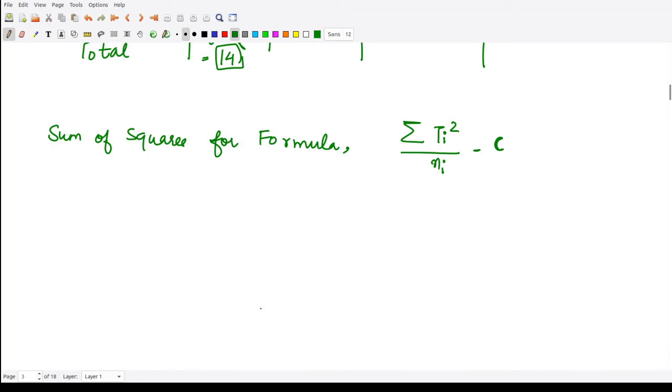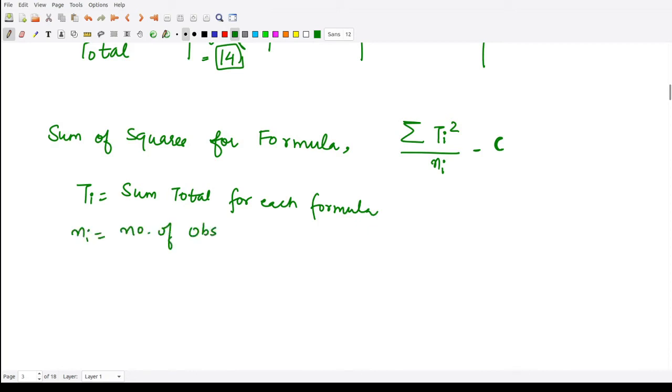It is the number of observations given for formula i. So Ti represents the sum total for each formula, and Ni represents the number of observations for each formula. And what is C? C is the correction term. We have already calculated this correction term, so we can calculate this for formulas.